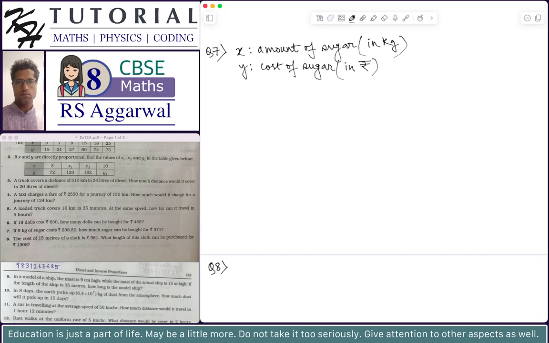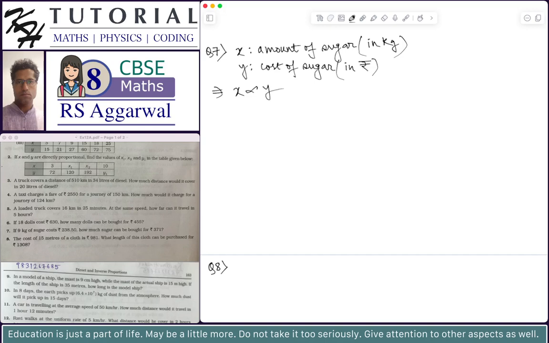So definitely when the cost of 1 kg of sugar, that is the rate of the cost of sugar per kg, is constant, then we can say that x and y will be in direct variation. The more amount of sugar you purchase, the cost will be more. So definitely we can say that x varies directly with y.